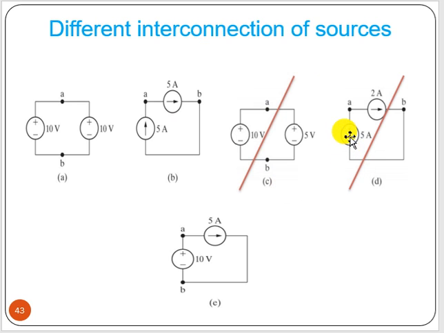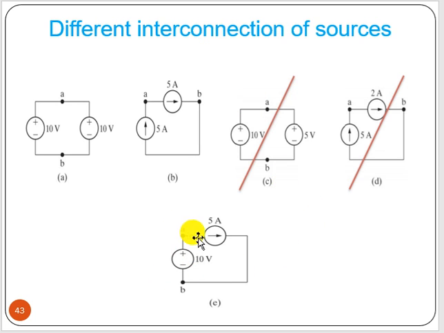If one current is 5 amp entering and 2 amp is leaving that node, it violates KCL, it violates KVL. We will study KCL and KVL in the next lecture. So in series, current must be the same. Here, different means wrong connection. In parallel, voltage must be the same, so different means wrong connection.